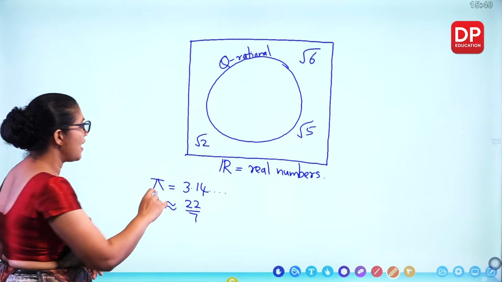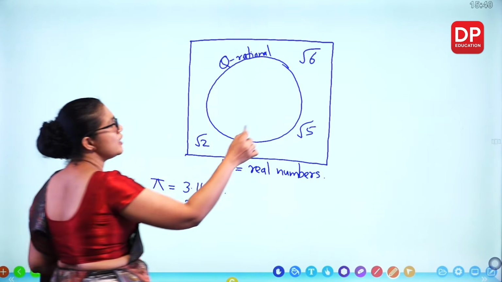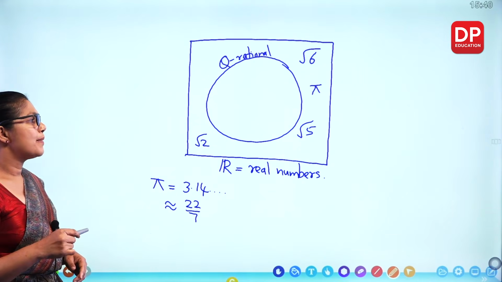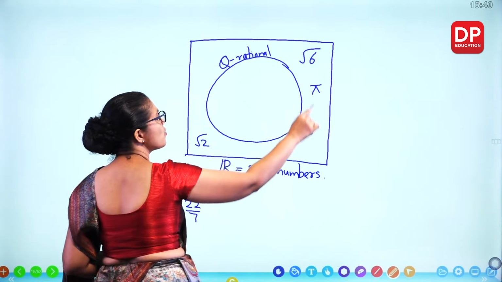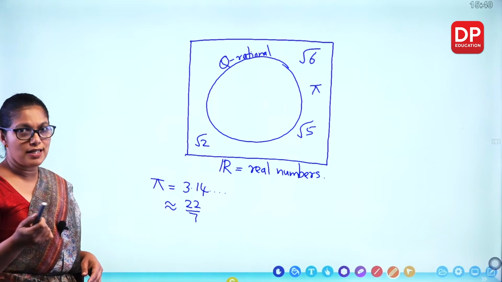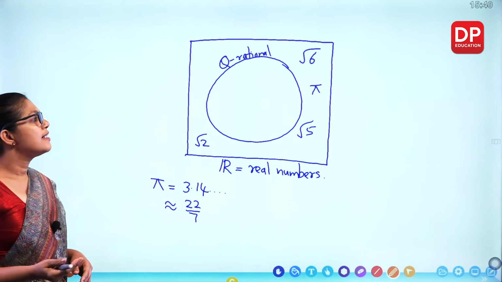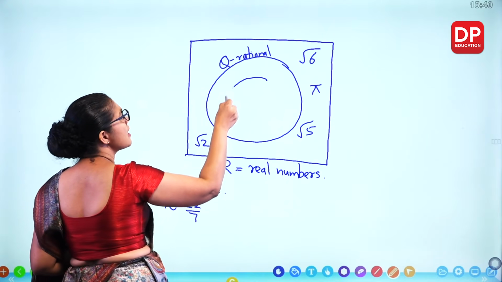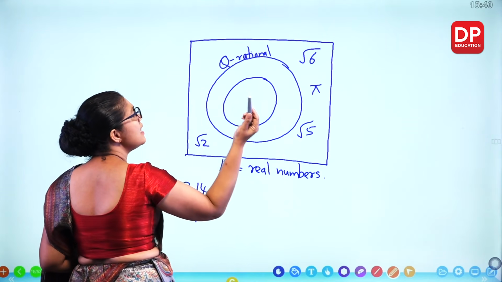Because of that, we can take pi also as an irrational number. So we can write it down outside. Now we know inside are rational numbers: any fractions, decimals.